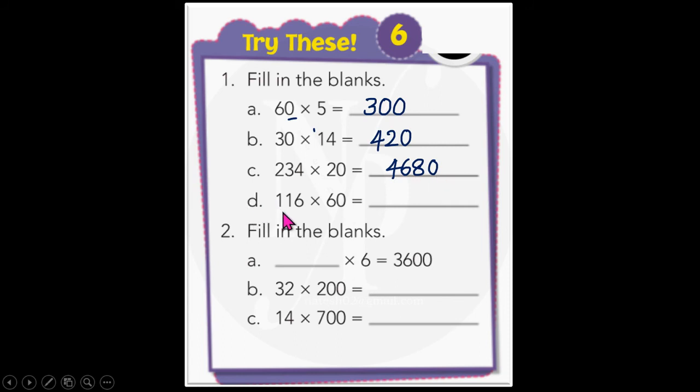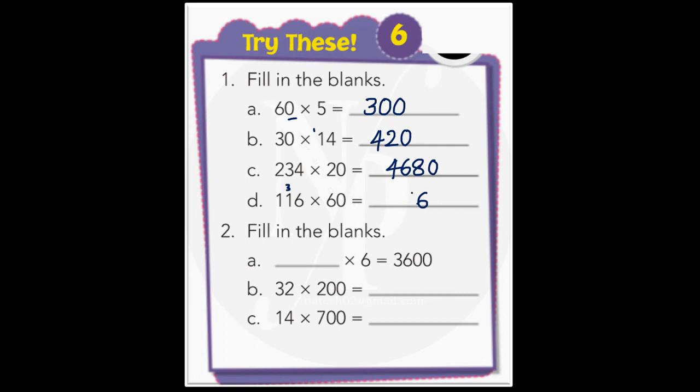D: 116 into 60. So what do we do now? We multiply 116 by 6. And to the right of the answer we put 1 0 since we have 1 0 in 60 here. Let's do it now. So 6 6s are 36. I write 6 here. 3 is carried forward. I'll write here 3. 6 1s are 6. 6 plus 3 is 9.